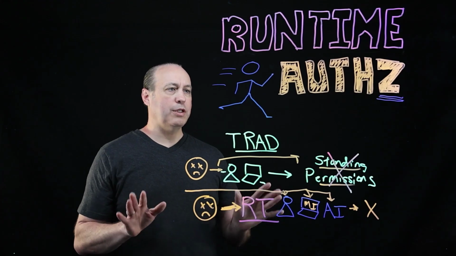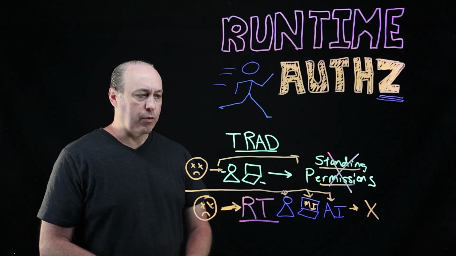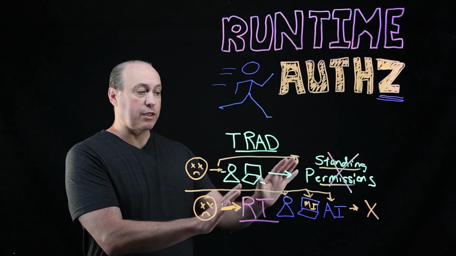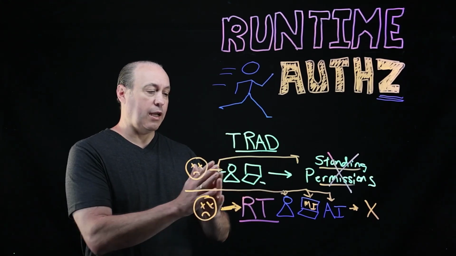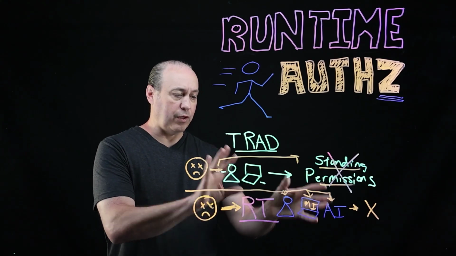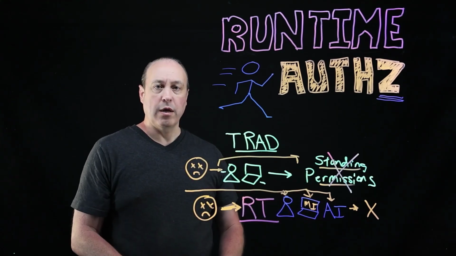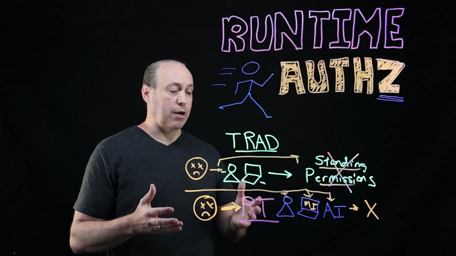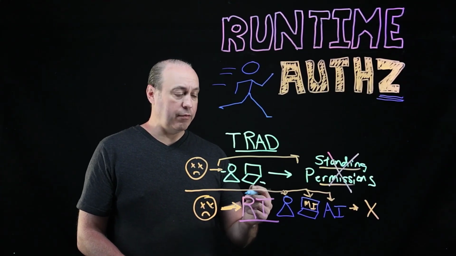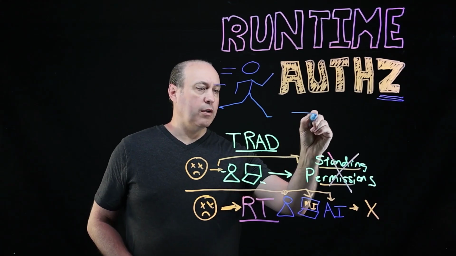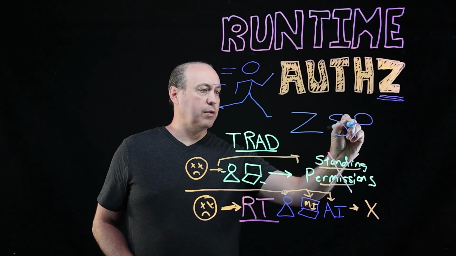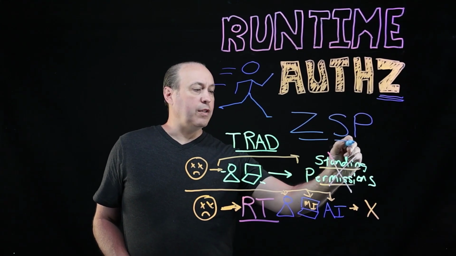So runtime authorization is having its moment right now, but it really is the way the identity security market is going. Because we can't have humans in the middle. We can't have these real-time access reviews of humans trying to determine who needs what. We really need a dynamic environment where context is key, and we can ultimately achieve something that we call zero standing privileges, ZSP. These things go hand in hand.